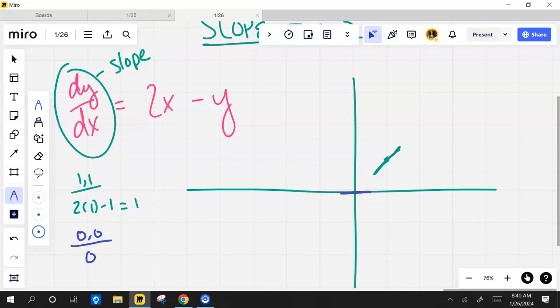How about at 0, 1? What's the slope at 0, 1? Negative 1. So at this point, I've got a negative 1 slope. How about at negative 1, 0? Negative 2. So it needs to be steeper than this, right?